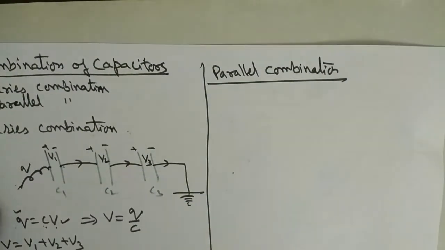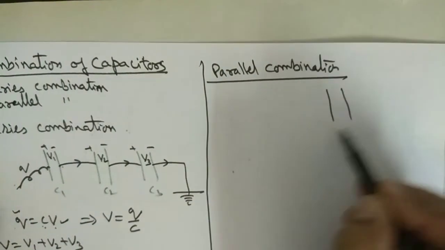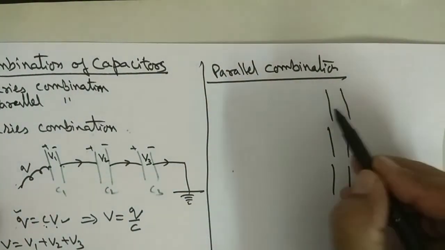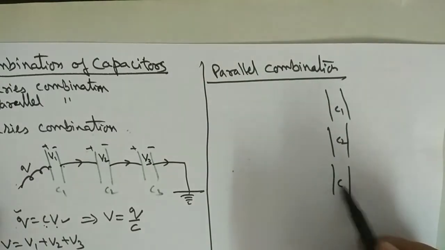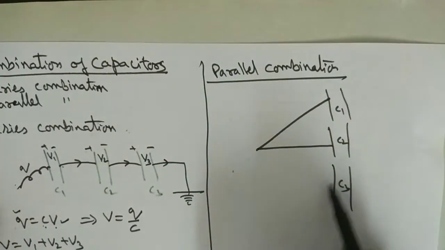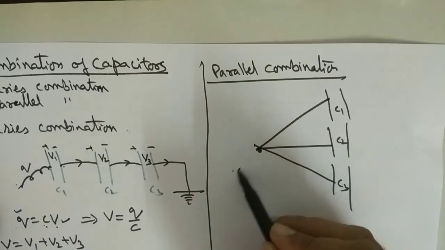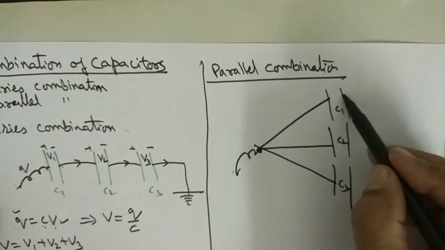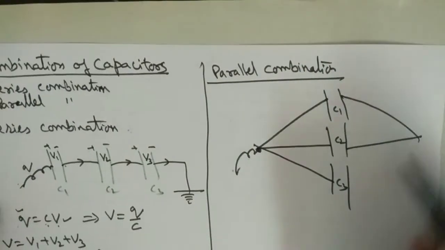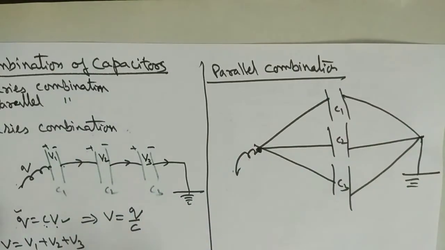In parallel combination, all the first plates of all the capacitors having the capacitances C1, C2, C3 like this are connected at a single point, and the second plates of all the capacitors are connected at another point like this.